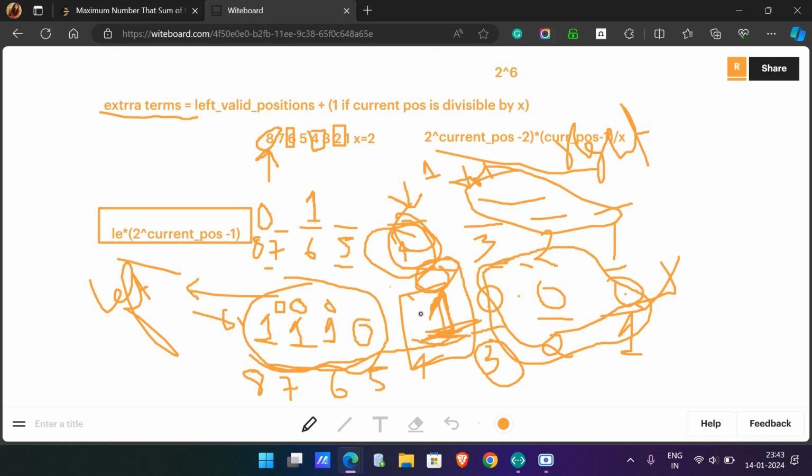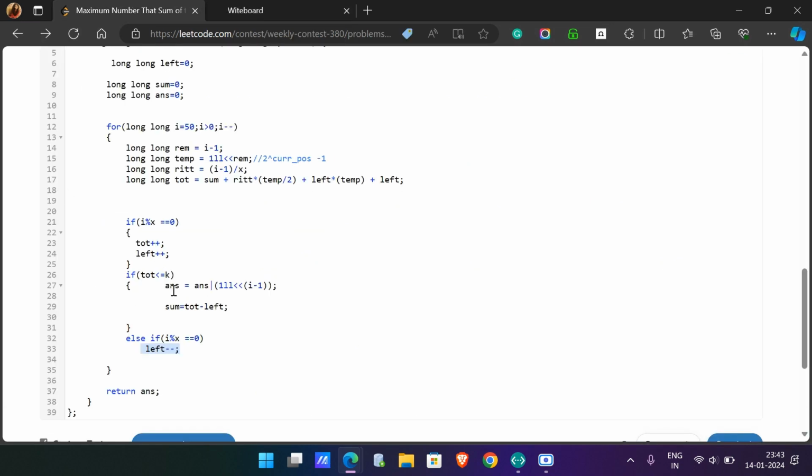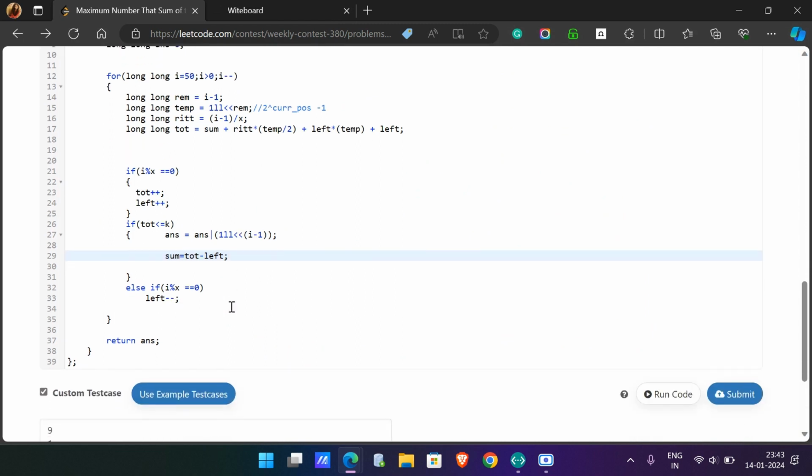So if I were fixing 1, I need to calculate those prices that will be contributing when there was 0. That's why I'm modifying my sum, and then I'm just returning the answer. So the basic idea was whether I can put 1 over here or not. To put a 1, I need to calculate the sum of prices when that position was having 0.